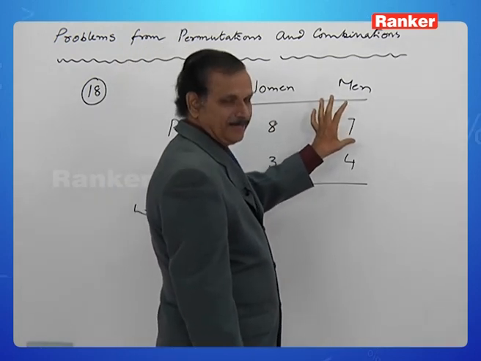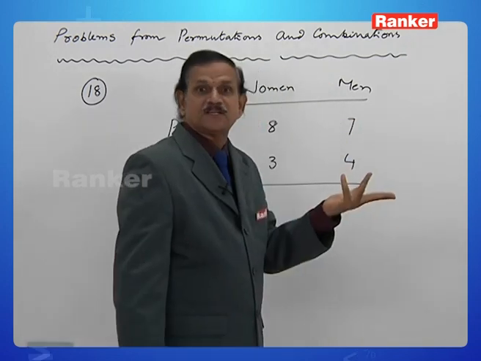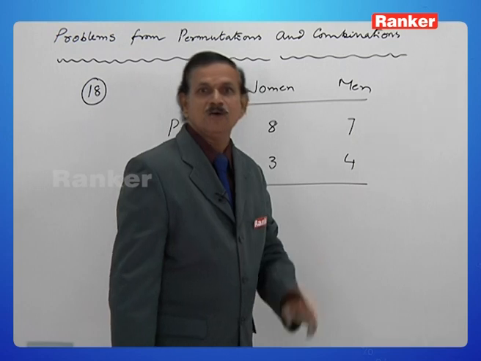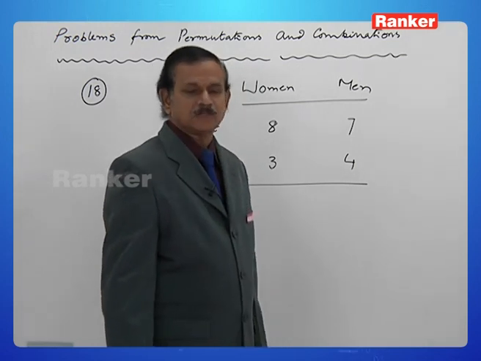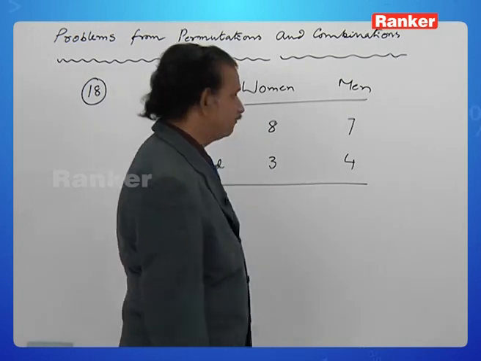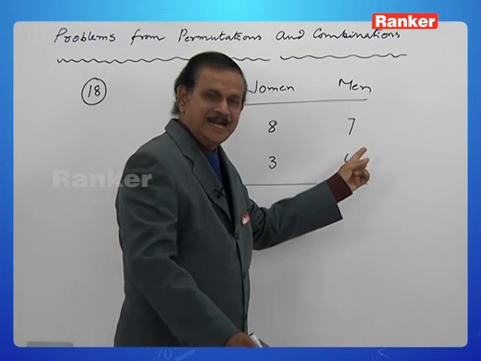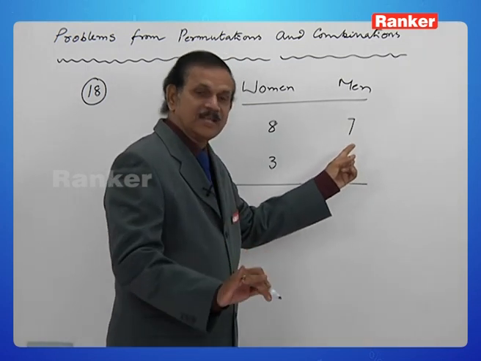So 6 men are there. Out of those 6 men, Mr. X is also present. X says, if Y is a member in the committee, I do not work with that committee. Therefore, out of 7 men, Y is already selected. X is not to be selected.